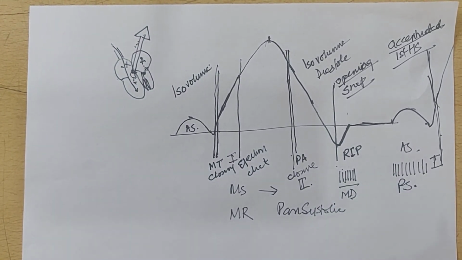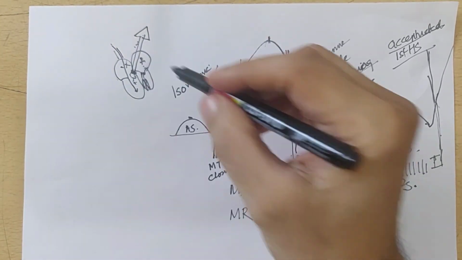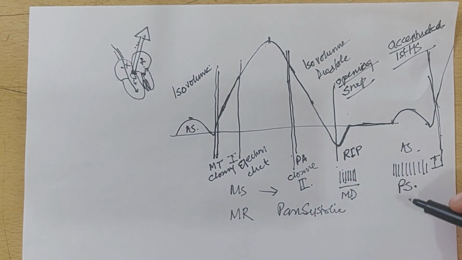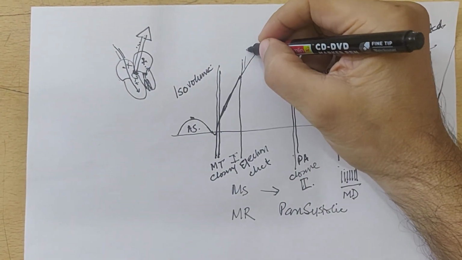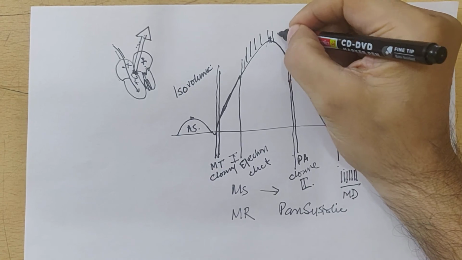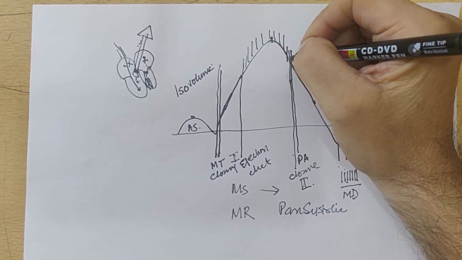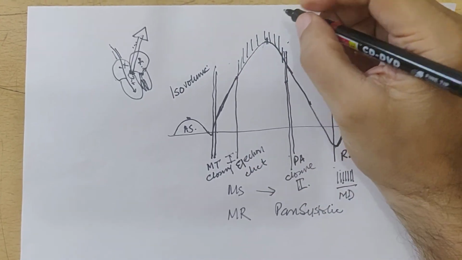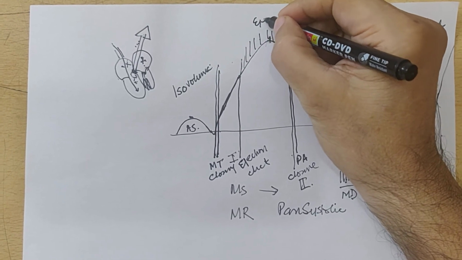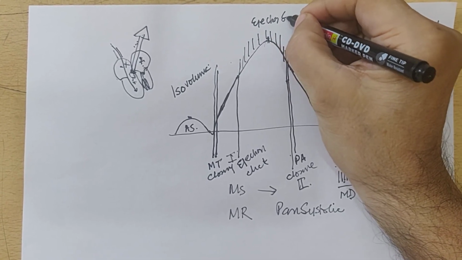The third feature is that supposing the aortic valve is stenosed, then the murmur will appear only in this region. This is called ejection systolic, after the ejection phase. So this is the ejection systolic murmur.